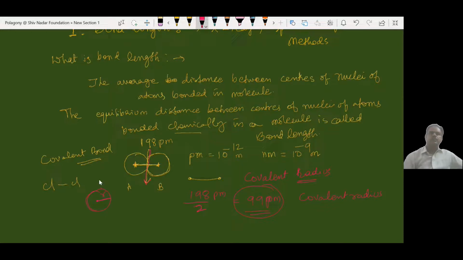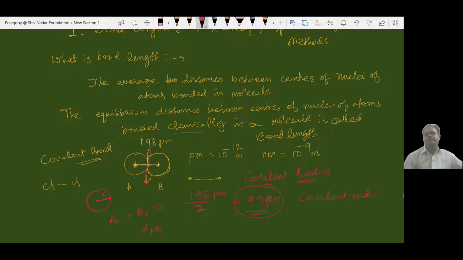That means if you know the radius, we can get the covalent bond length. If you want the radius of A atom and the radius of B atom, the sum of the radii of both atoms is the bond length of AB atoms.